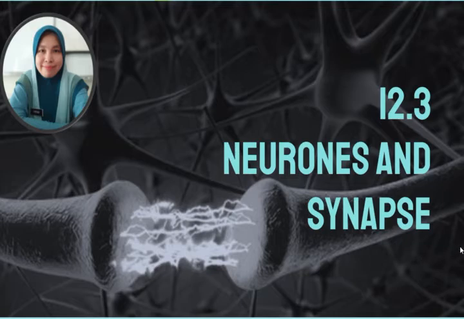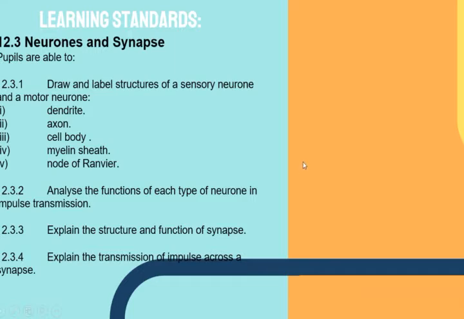So let's go to learn 12.3 Neurons and Synapse. Please open your textbook and go to 12.3 Neurons and Synapse. Let's go to the learning standard that you have to cover for today.